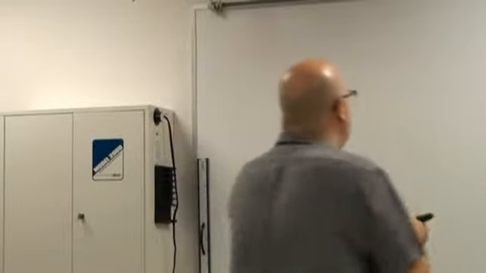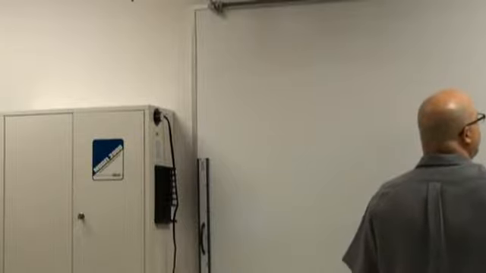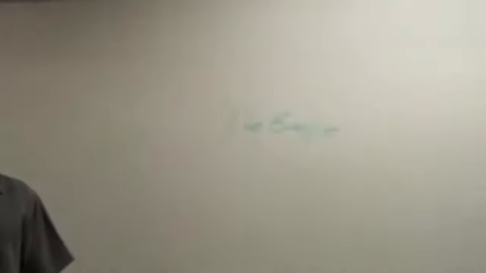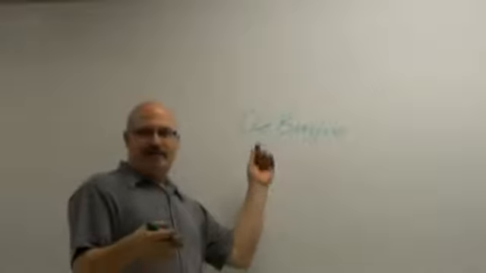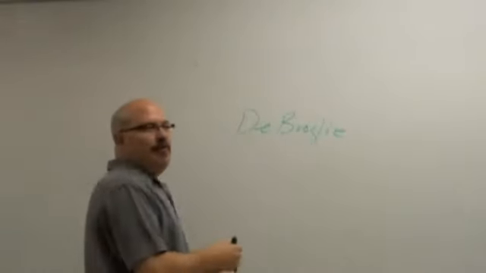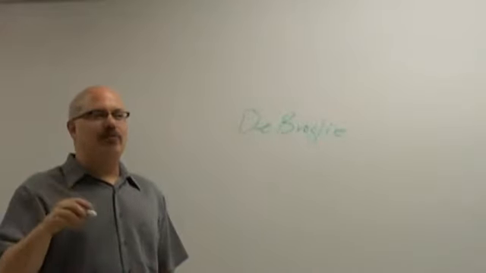Where were we? Oh, a graduate student in, I think, France, by the name of de Broglie. It looks like de Broglie, but it's French, so of course it's not pronounced like it's spelled. De Broglie, graduate student, he says, what the heck?